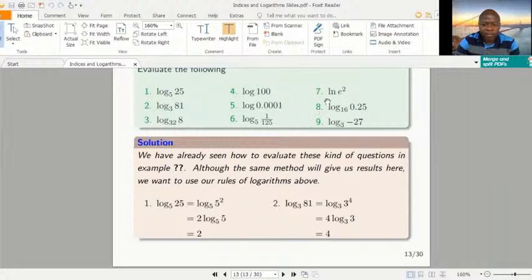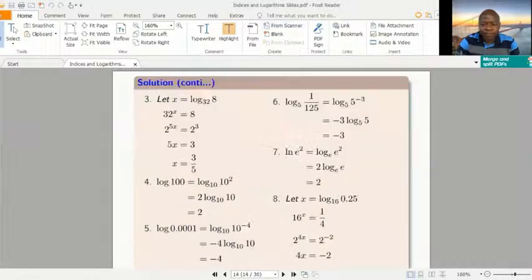Question 7 was this: ln of e. I remember I introduced a way of doing that: ln can be written in terms of logarithm to base e. So it was ln of e raised to 2. That was the question.